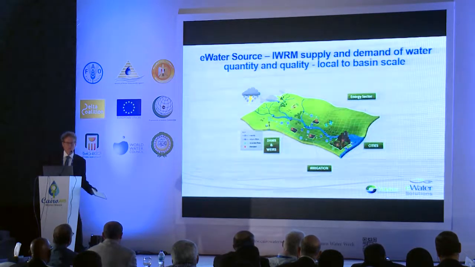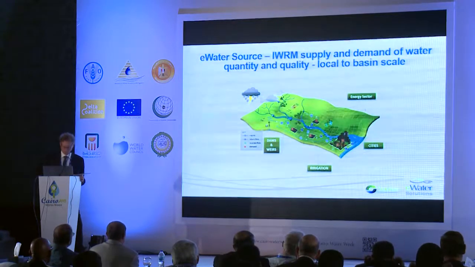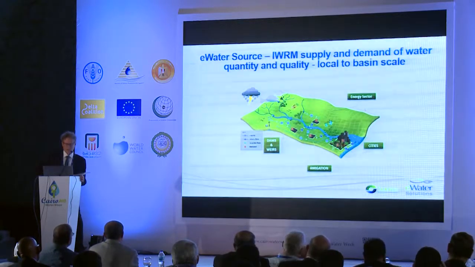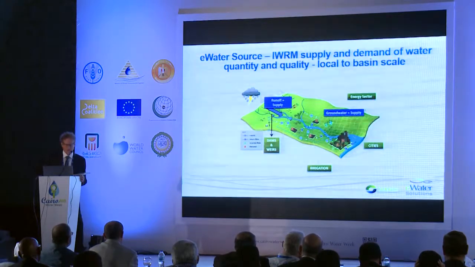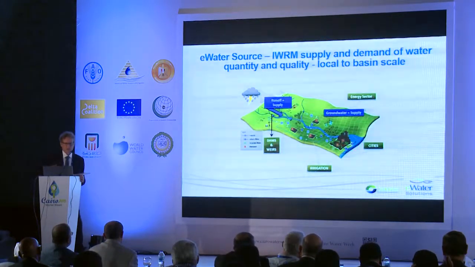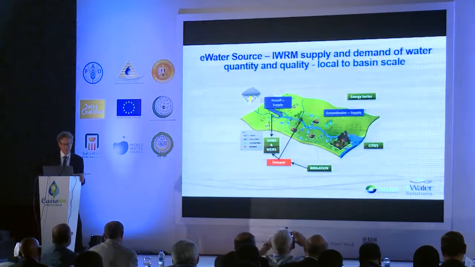So once you've represented all your processes and structures within your river basin, the source model looks at the supply and demand. So we might have the runoff generated by rainfall, the water stored in the dams, water in geological reservoirs, and then we have the demands on those.